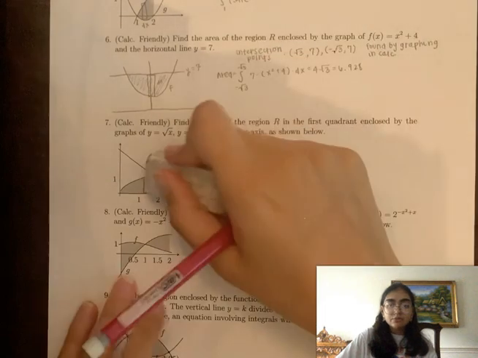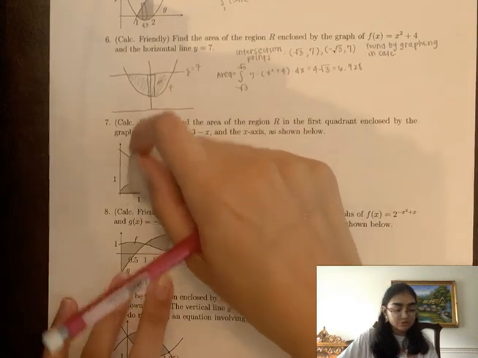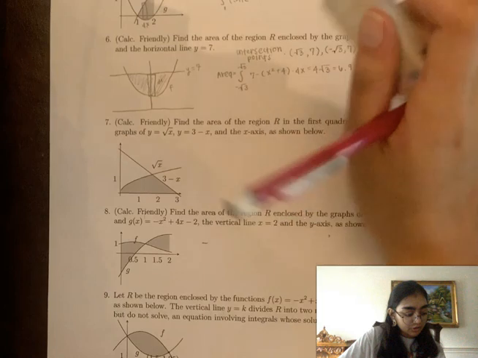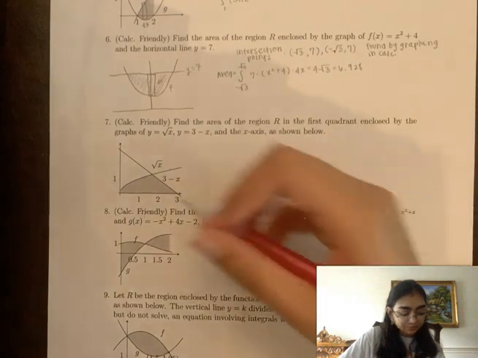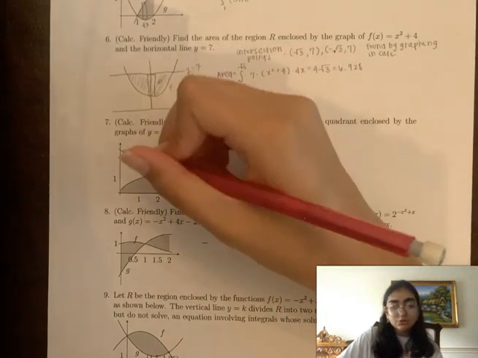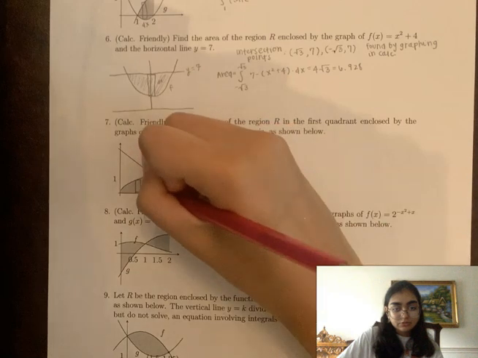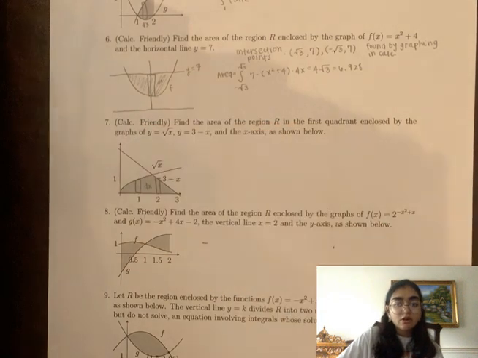Since we have two different top functions, we do have to go ahead and have two integrals. So, okay, there are my two rectangles.